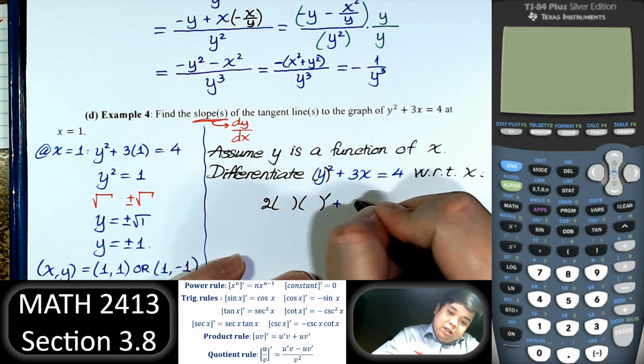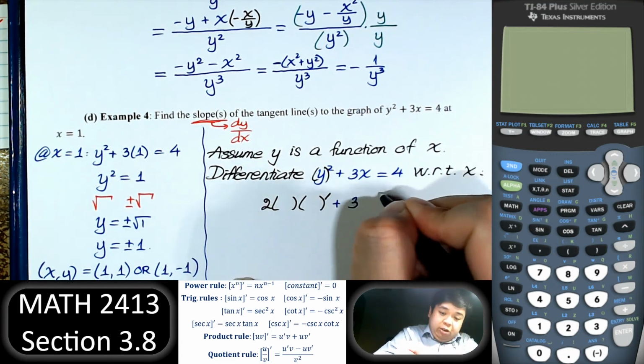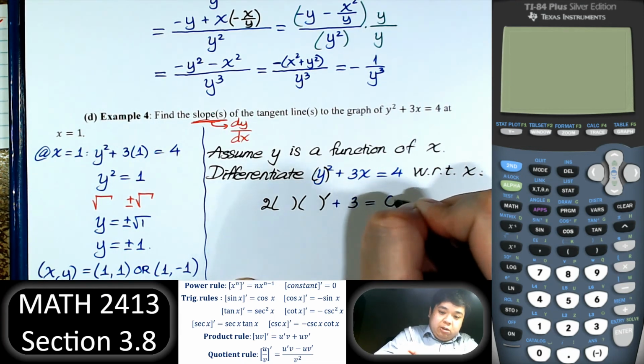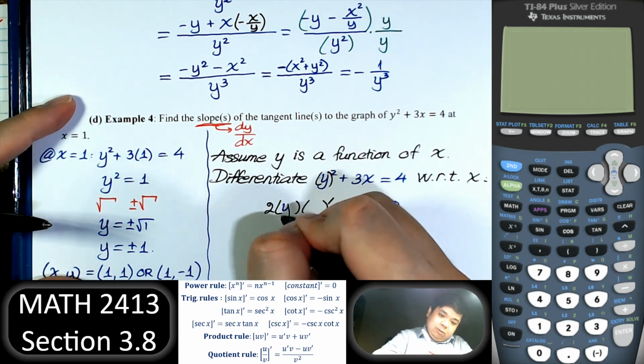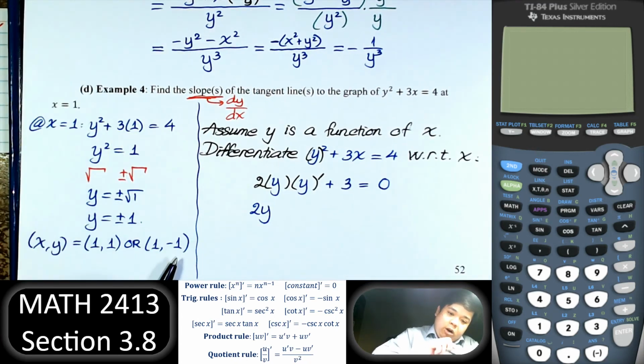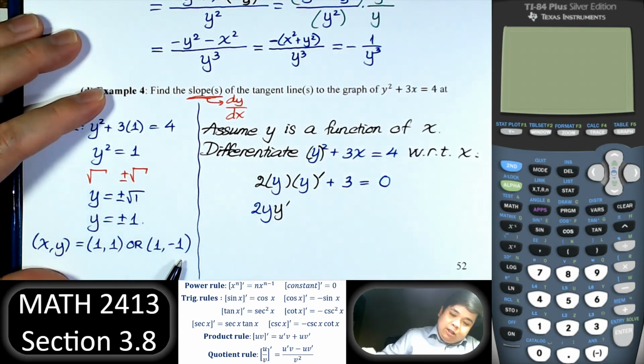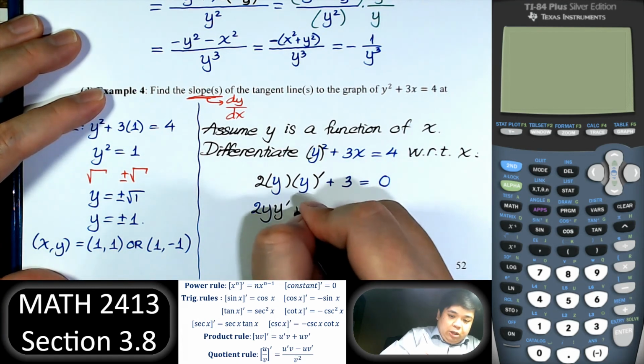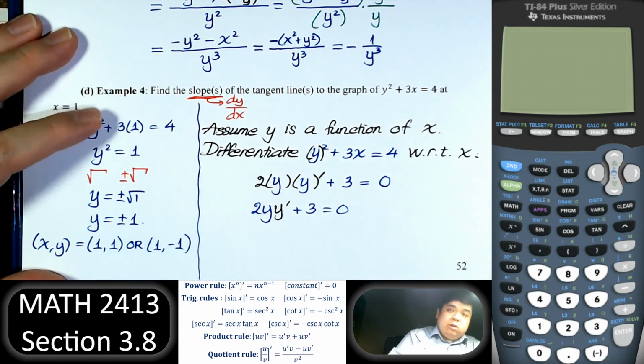Derivative of 3x is 3. Derivative of 4, that constant, 0. So we have 2y, y prime, plus 3 equal to 0.